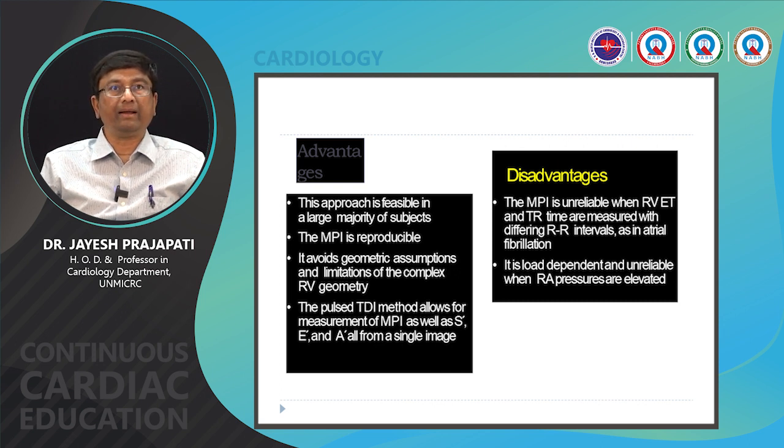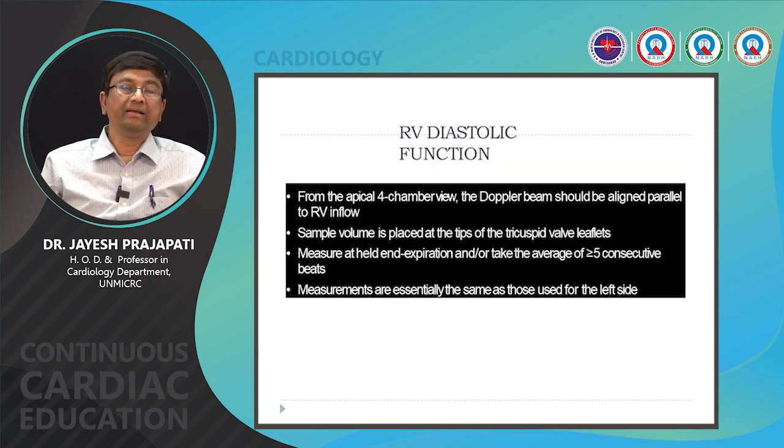MPI is reproducible and avoids geometrical assumptions, and pulse TDI is available in all formats. It is sometimes unreliable in patients with varying RR intervals, in particular AF patients, and whenever the RA pressure is elevated.